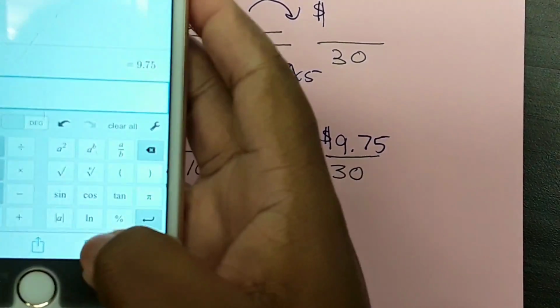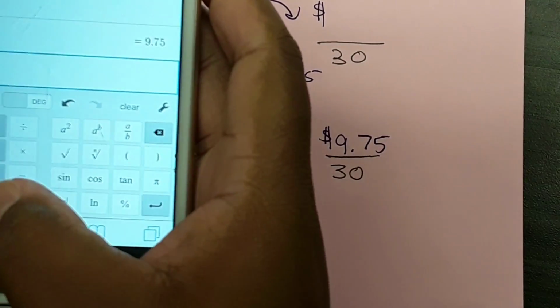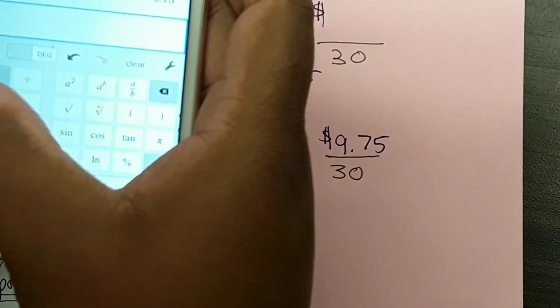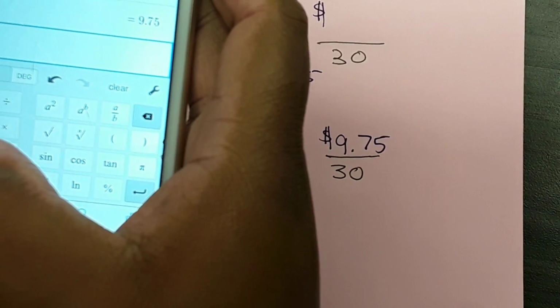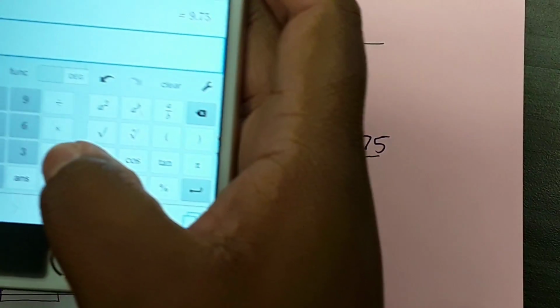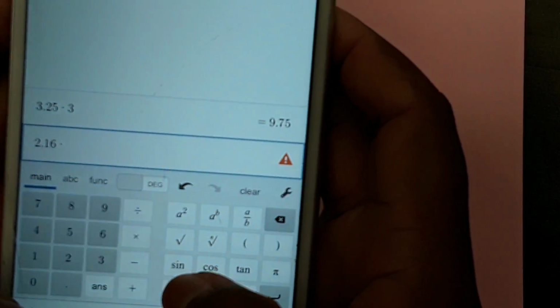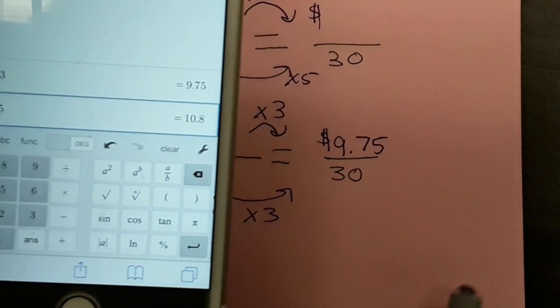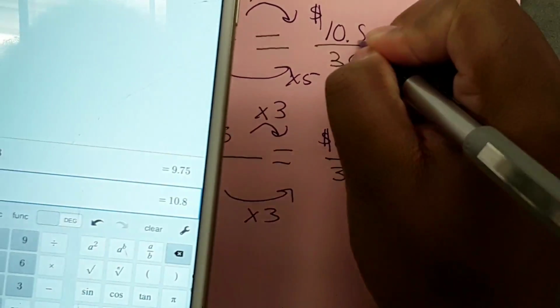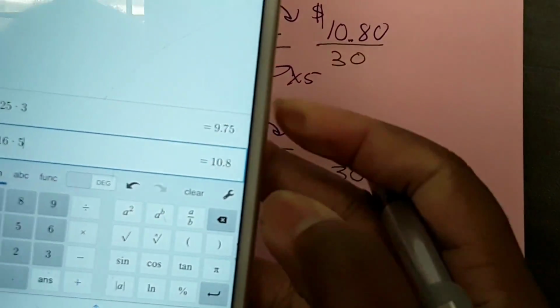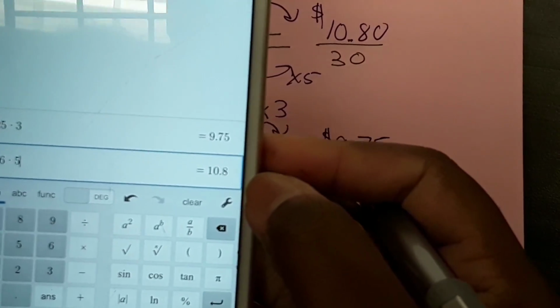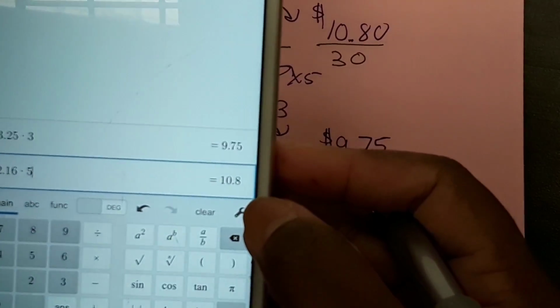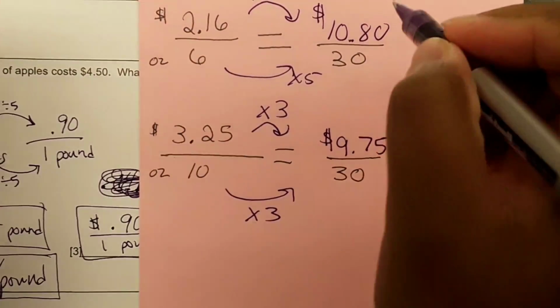So we're going to take $2.16 and multiply it by 5, and we get $10.80. Notice that there's no zero there, but we know we're talking about money, and money goes to the hundredths place, so we have to put in our placeholder.